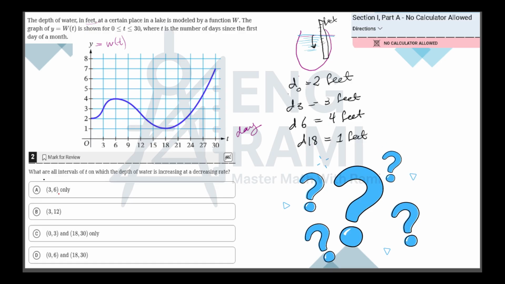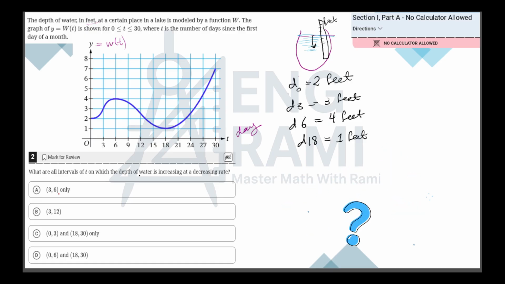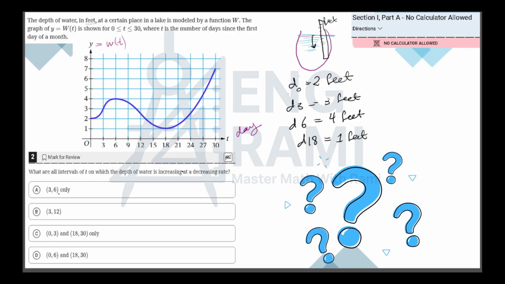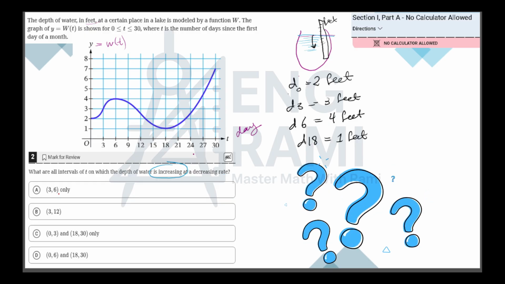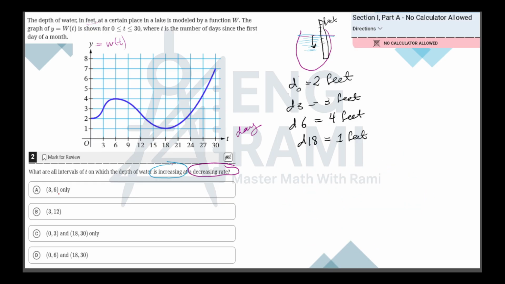The question is, what are all intervals of t on which the depth of the water is increasing at a decreasing rate? Increasing is requirement number 1, and decreasing rate is the second requirement.